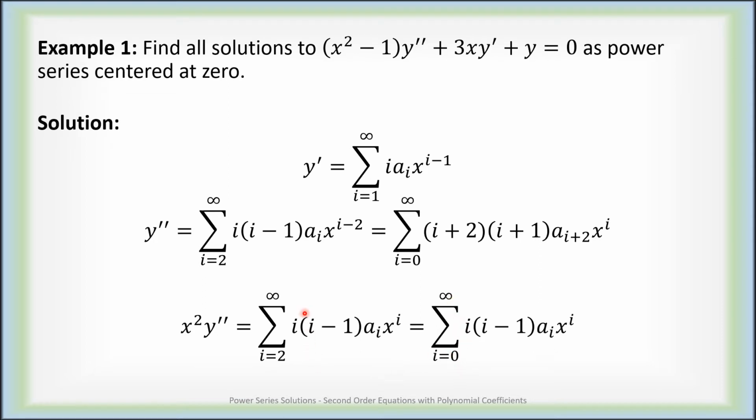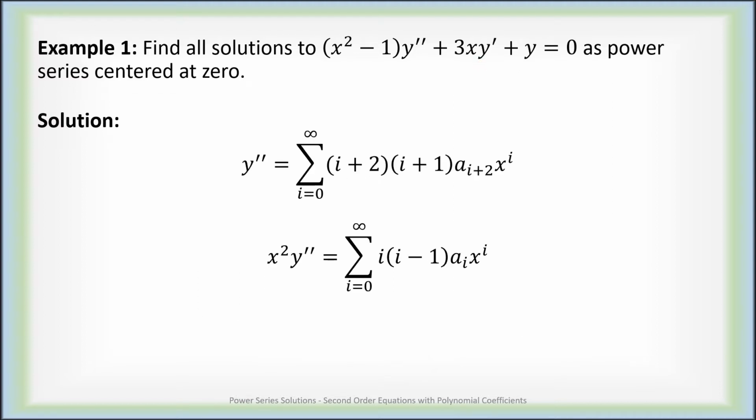So instead of going from 2 to infinity, I can make it go from 0 to infinity. The terms I just added back in are 0 anyway. So now, x squared y double prime and y double prime both have power series beginning at index 0 with the term x to the i, and on the previous slide we already had a power series for 3x y prime that did the same.